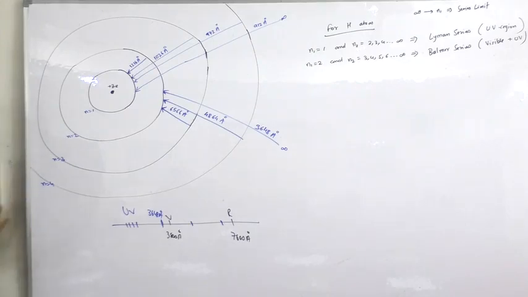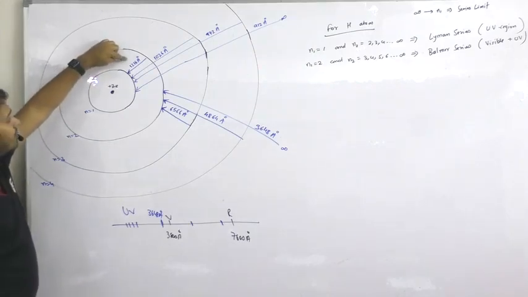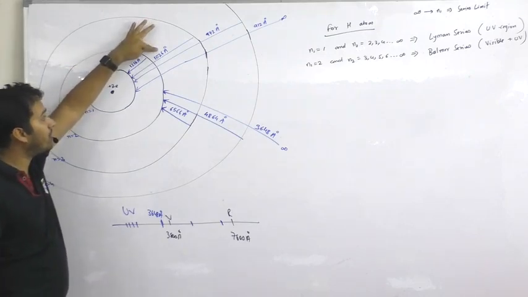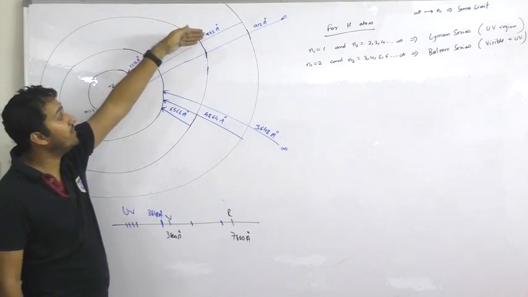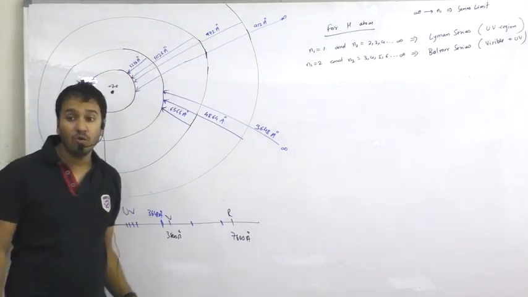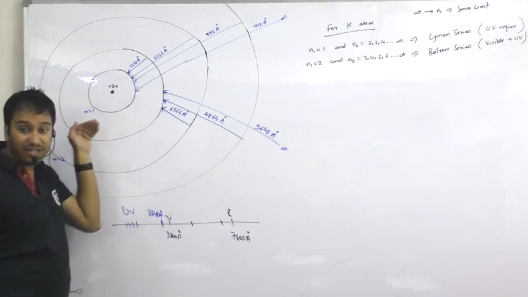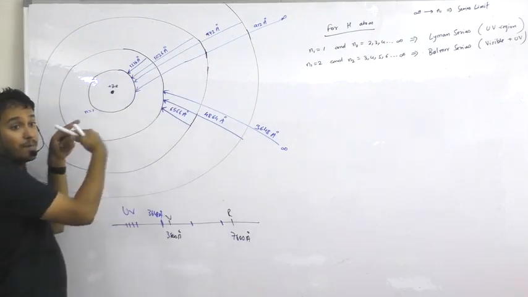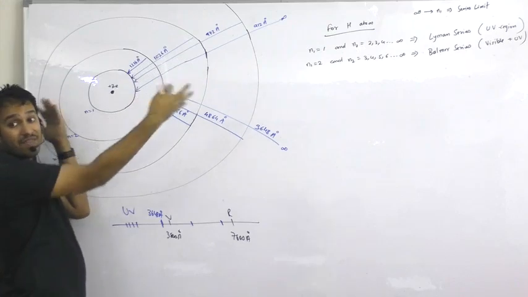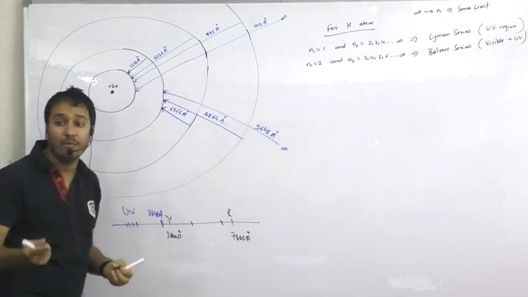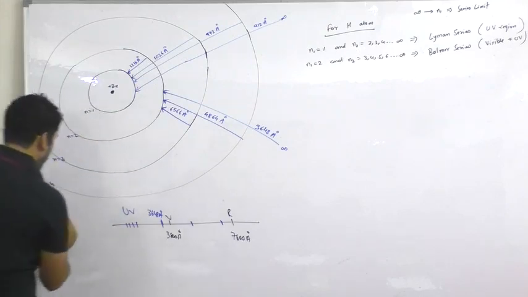Right? Also, I want you to notice something. The first line of Lyman is 1216. Then the second line emits a photon of 1026, then 972, and then at series limit it is 912. What is happening to the wavelength of the photon emitted? It is decreasing. As the jump becomes bigger and bigger, the energy difference becomes bigger and bigger. So the energy of the photon emitted is larger and larger. And what is the energy of a photon?